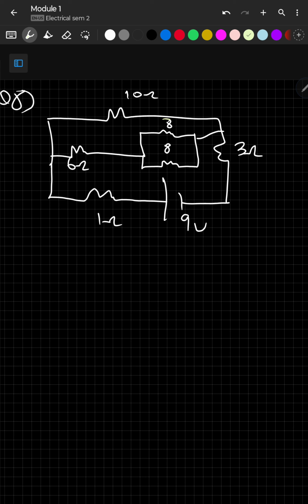I can see that we can solve this first. Anything else we cannot. So I'll start with RP1. So RP1, also equivalent resistance I can use. So 8 by 2, so 4 ohm. Let's redraw.